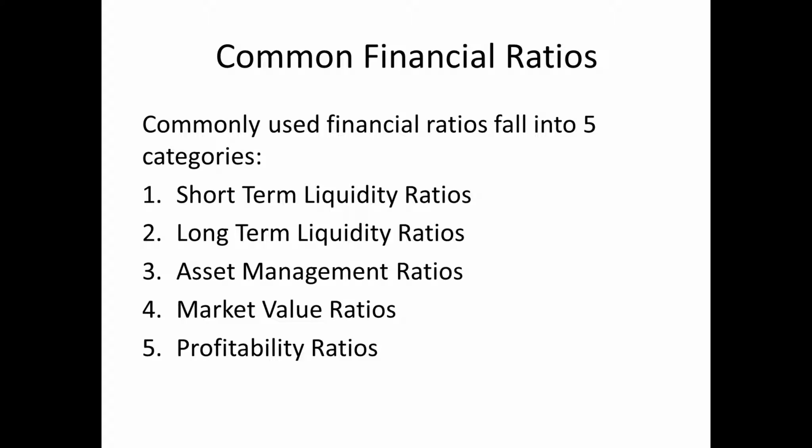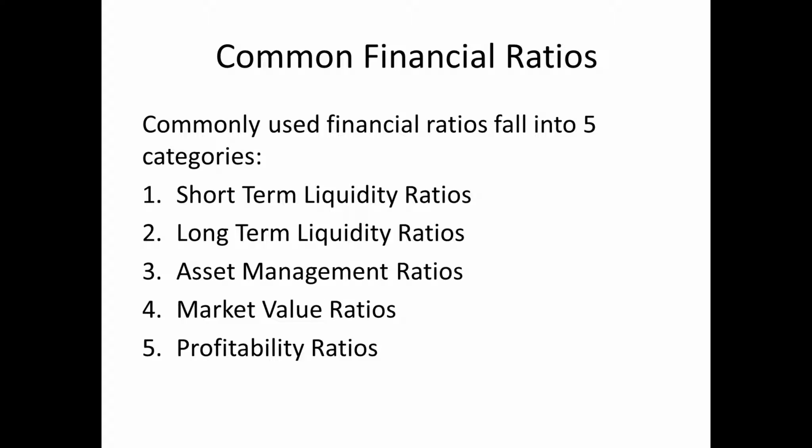So what are the common financial ratio categories? There's short-term liquidity that really speaks to whether or not you have enough money to meet your short-term bills. Long-term liquidity, whether in the long term you have enough money to pay all of your liabilities off completely and still have something left over for equity holders. Asset management, which speaks to what kind of performance you're getting out of your assets.